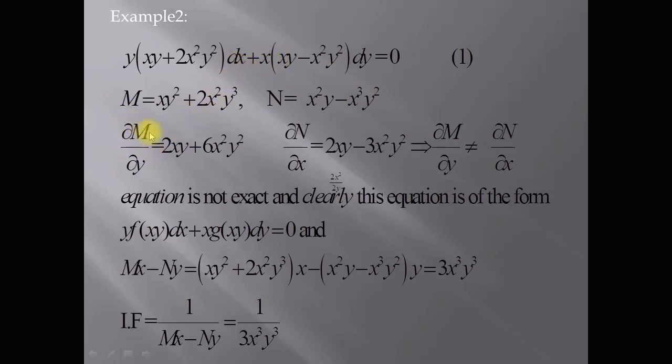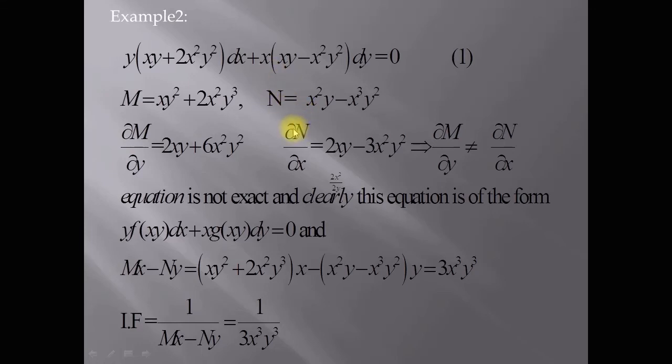So find the partial derivative of M with respect to y using the power rule: 2xy, and the derivative of this term with respect to y using the power rule is 6x²y².